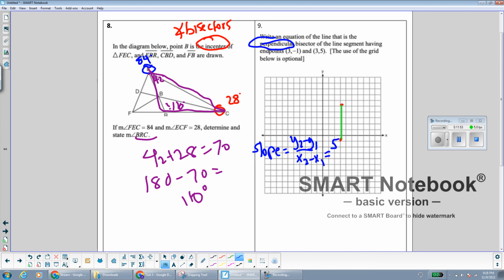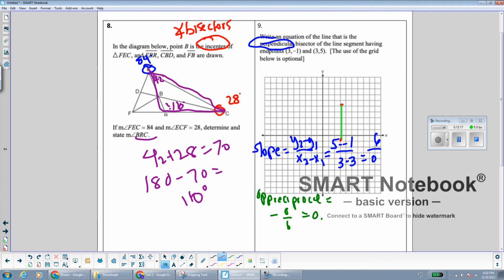So that is 5 minus negative 1 over 3 minus 3. That is 6 over 0. That's an undefined slope. So the opposite reciprocal would be negative 0 over 6, which is just 0.